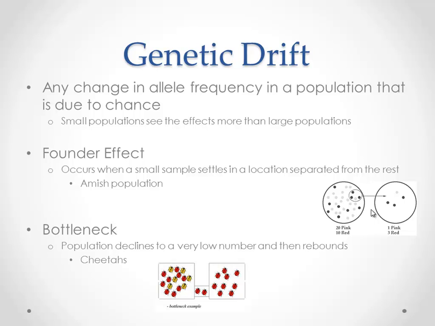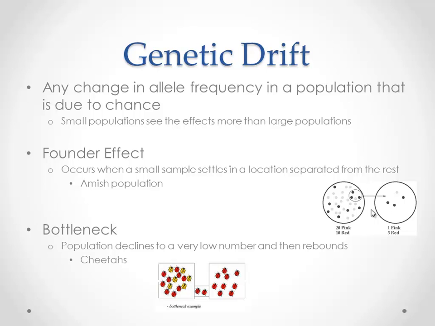Their populations got very, very small, and then because of concerted efforts on our parts, the cheetah population is rebounding, but now the genetics of those cheetahs that are still there we can trace back to that original few that survived that almost extinction. So any of these animals on the endangered species list that start to make that comeback, their gene pool is very limited. It's not the same gene pool that they had prior to extinction.